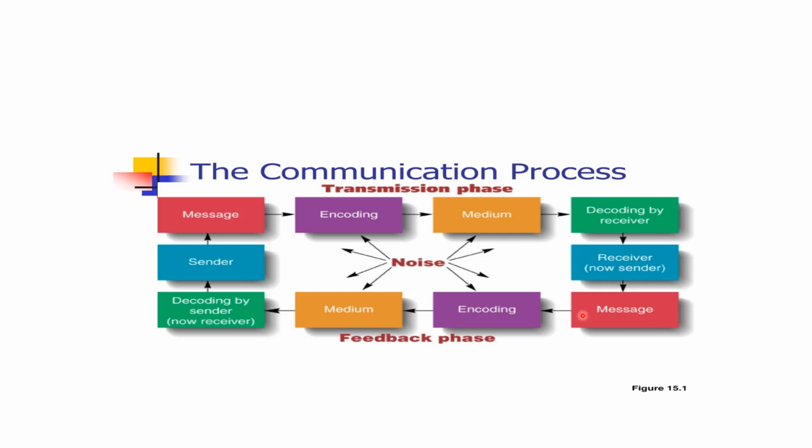Again, the sender encodes it, selects the media, and the receiver decodes it and sends back feedback. It's a complete feedback loop. That's why there is a transmission phase and a feedback phase.